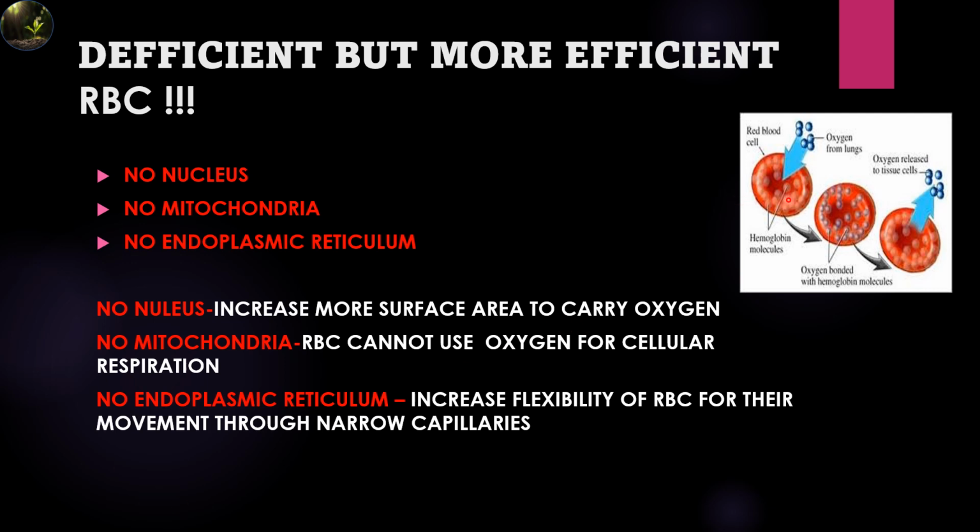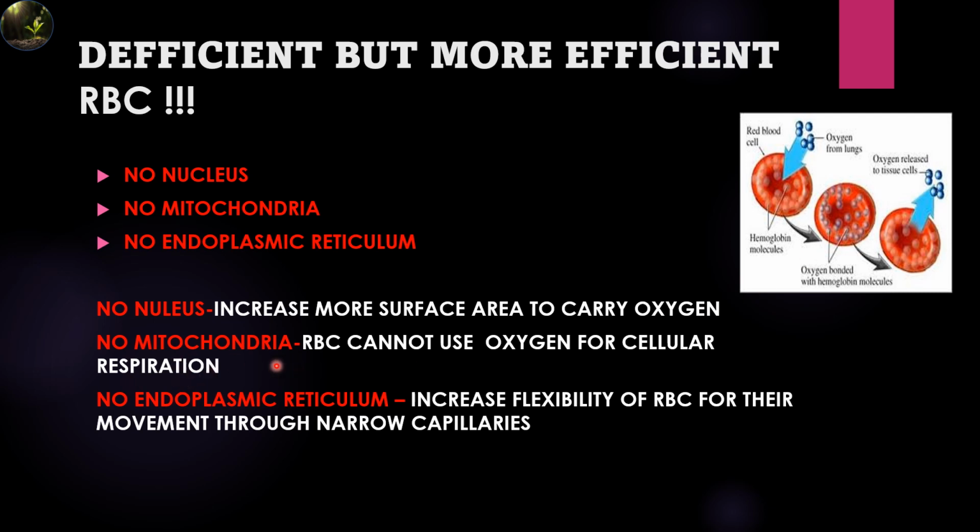You can see that in this picture. Here there is no nucleus, because of that a larger number of oxygen molecules can be carried. RBCs can carry more oxygen molecules.